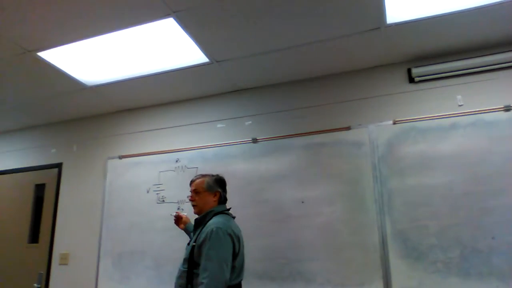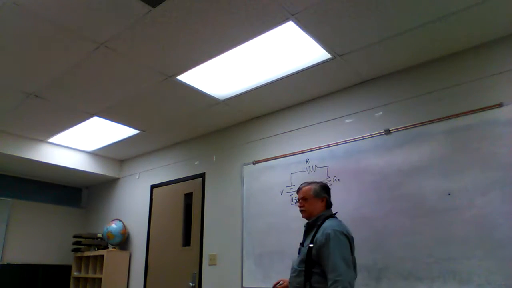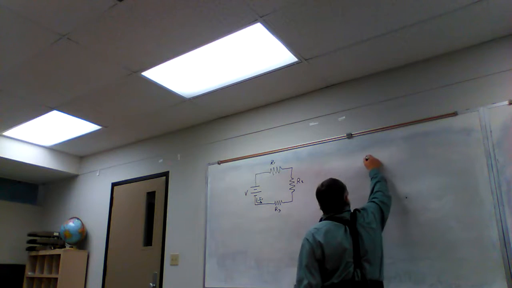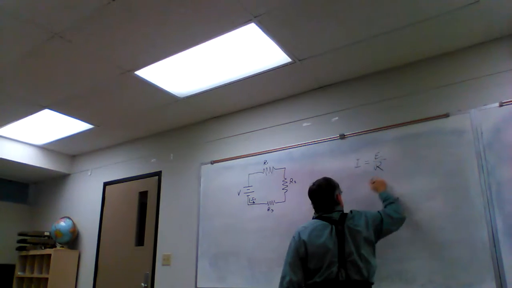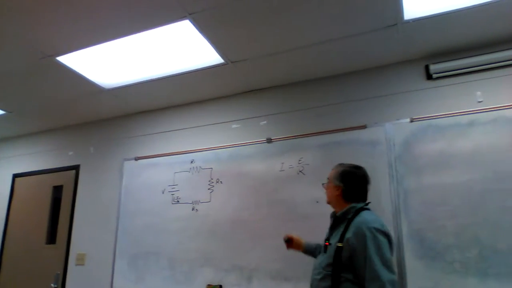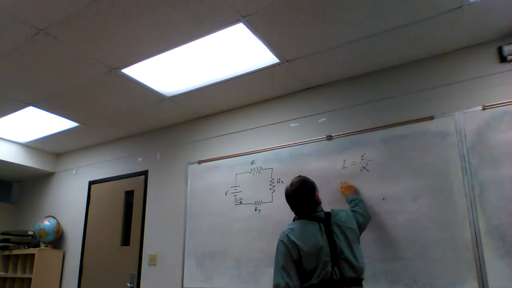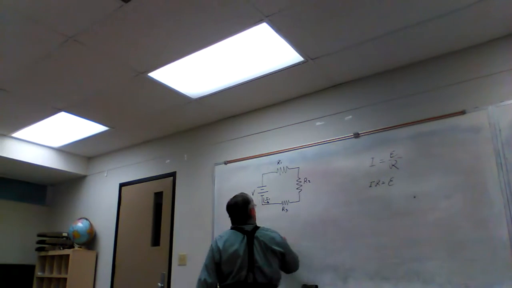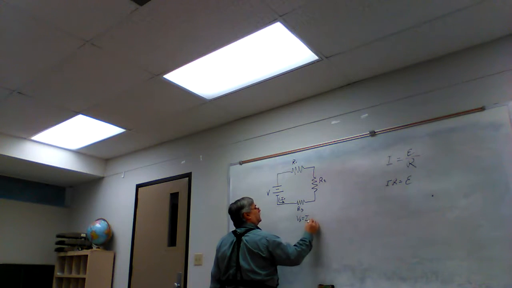So, from Ohm's law, what is the voltage drop across R3? Solving for E, or the voltage drop, the potential difference, we get the voltage dropped across R3, V3, is equal to the total current times R3.